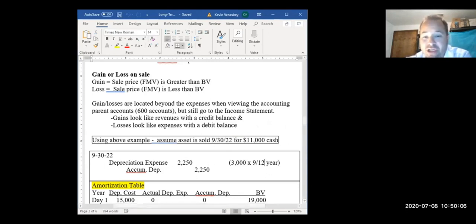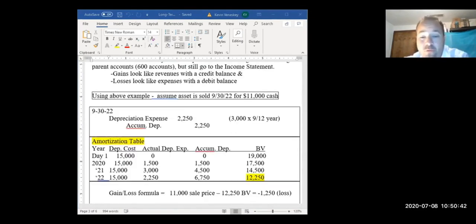So I'm going to depreciate it another $2,250. So in total, if I sum all this up, $1,500, $3,000 for year 2021, $2,250 for year 2022. Now I'm at $6,750 accumulated depreciation, which is just what my updated amortization table says.